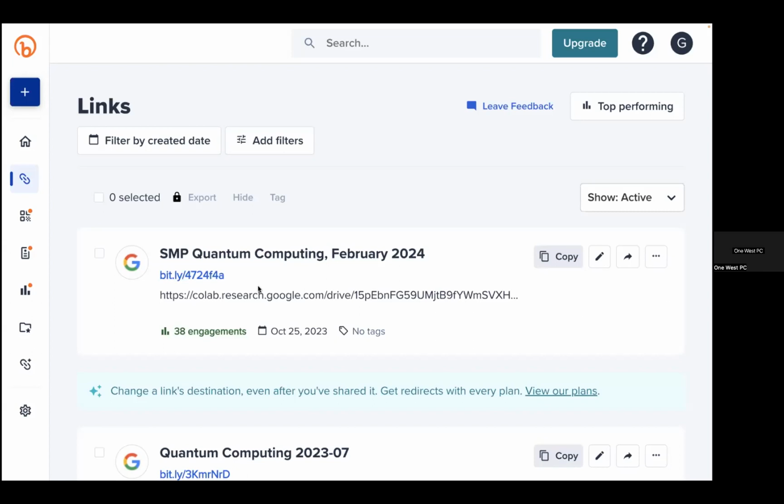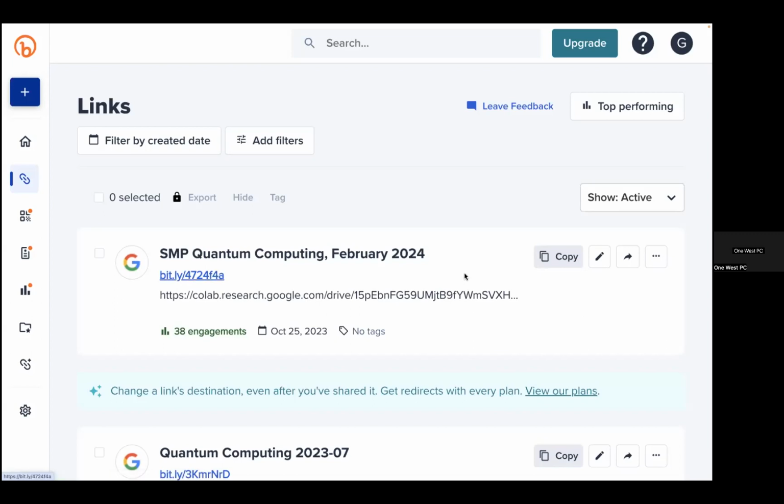Okay, awesome. So it's being hosted by Google Colaboratory, so you actually don't have to install any software. You can get a copy of the notebook if you go to this bit.ly link. So just remember or write down 4724F4A. Then you can go later to bit.ly and use that shortened URL, and it'll expand it to the full one.